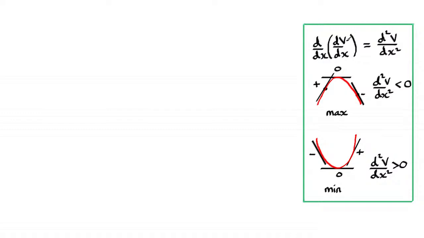The rate of change is given by d by dx, and the gradient function is dv by dx. And when you've got a curve going like this, okay, oh, by the way, this gives us d squared v, or d2v, over dx squared, okay? So it's a rate of change of gradient. So when you've got a maximum on a curve, notice how the gradient is positive, then 0, then negative.